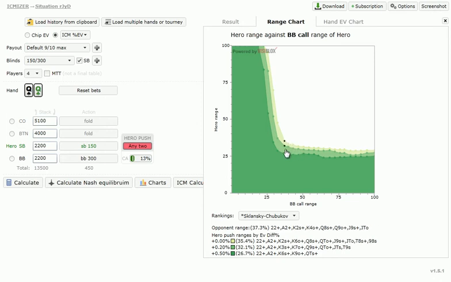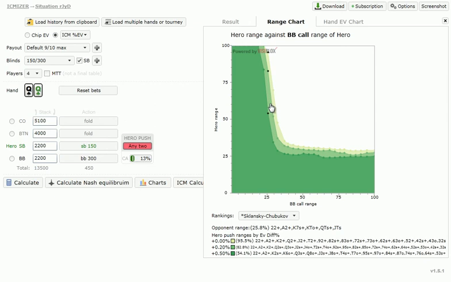So it reaches a certain level where our pushing range is just too powerful, so it just contains powerful hands, so regardless of the opponent's calling range, it doesn't change too much. This is a common shape for pushing spots. It pretty much always starts with a plus EV push against tight ranges, and then it drops.